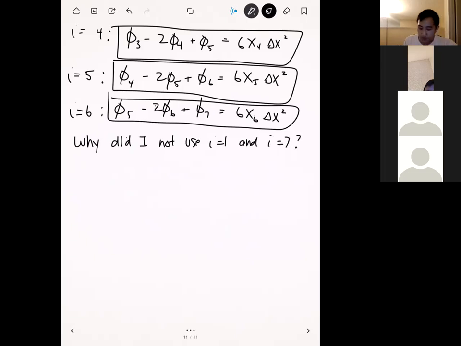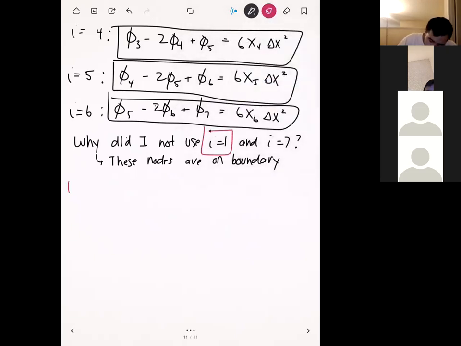The reason for that is that these nodes are on the boundary. You can't apply your finite difference approximation onto your boundary nodes because it's going to give you something nonsensical. Just as an example, let's start with i equal to 1.